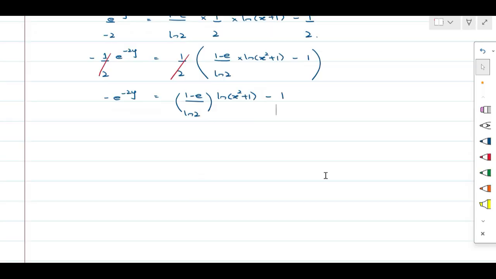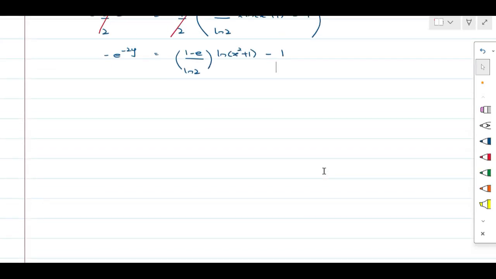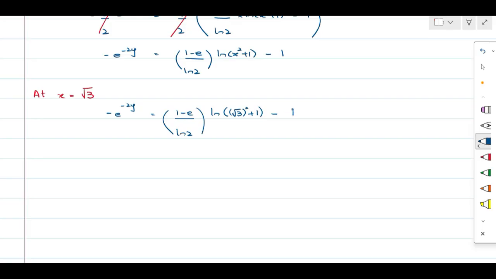Okay, so it is better to solve for y. So here we can say at x equals square root of 3, let me put x as square root of 3. Negative e power minus 2y is equal to (1 minus e) over natural log of 2, its product with natural log of (square root of 3) whole squared plus 1, negative 1.